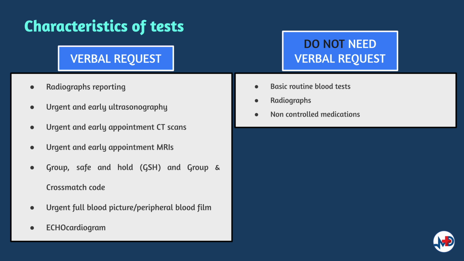So examples of tests that require verbal communication would include radiograph reporting, urgent and early scans or procedures, group safe and hold GSH and group cross-match codes, urgent full blood picture, and an echocardiogram. As for the tests that do not require verbal communication and just filling up a form, that would include basic routine blood tests, radiographs, and non-controlled medications.